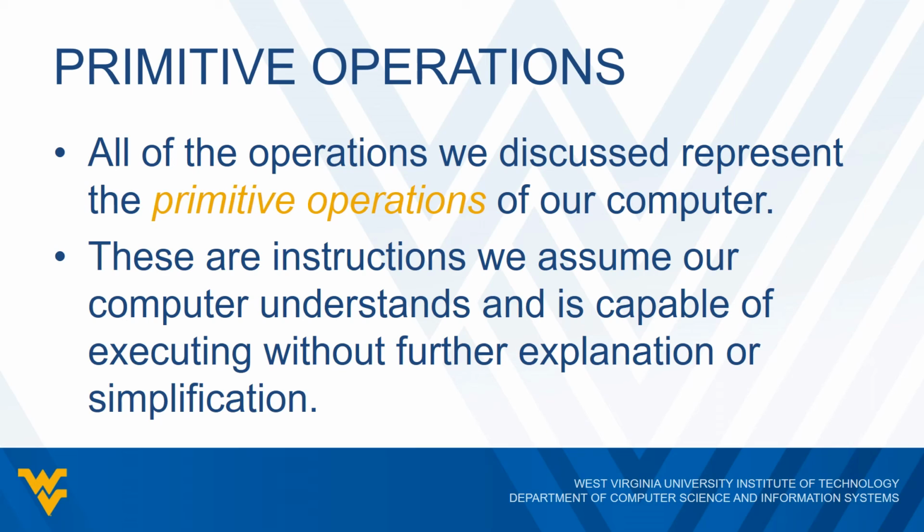It understands else. It understands while and do and all that. So the computer can understand these types of instructions without any further specificity, without any further details. Because as we said before, we need to make sure that our algorithms are strictly primitive operations, primitive instructions, and these are primitive operations. So we don't need to go into further details explaining what these operations mean.